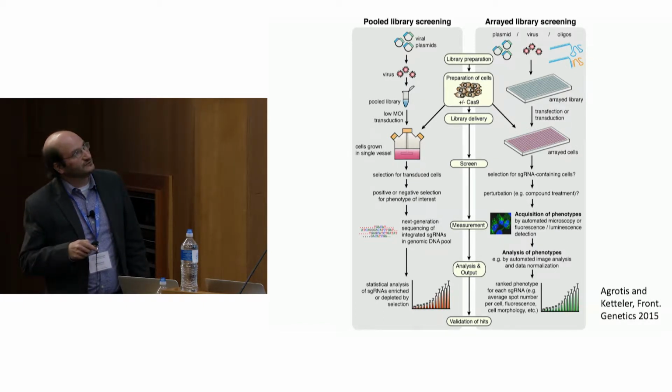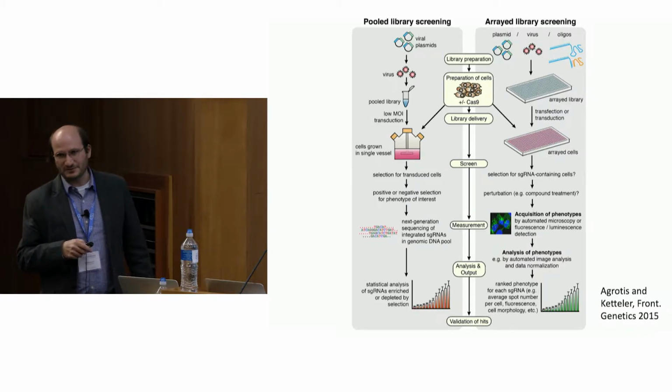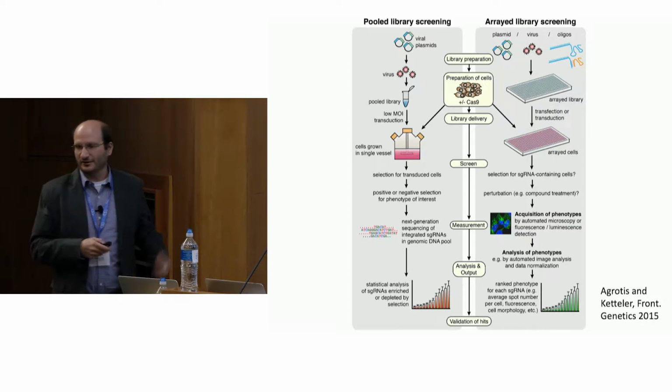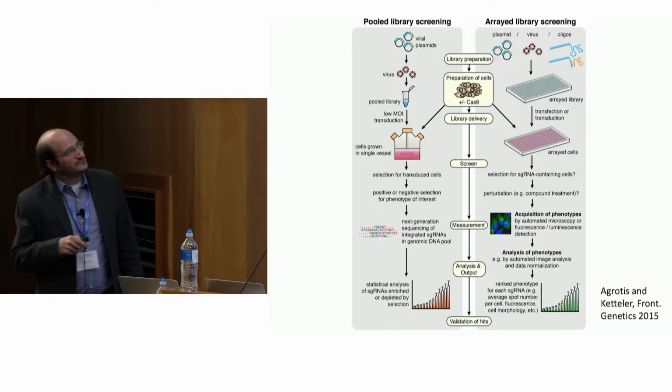So on the right, you'll see arrayed library screening. This entire slide is geared toward CRISPR screening, but a very similar overall workflow was used for RNAi for a long time. And the key differences are that in this case, you have one well, one gene knockdown. And in this case, you have a pooled library where you have lentiviral, usually plasmids encoding either an shRNA or later a CRISPR guide RNA.